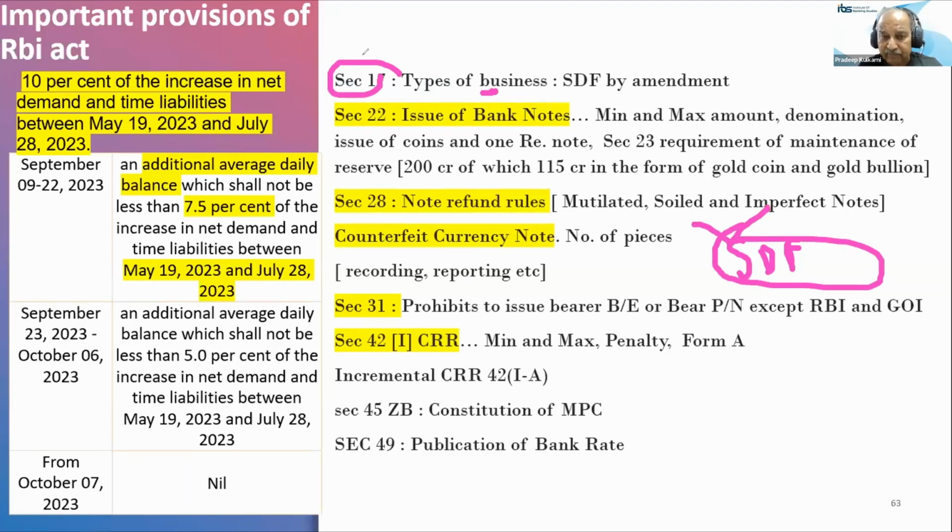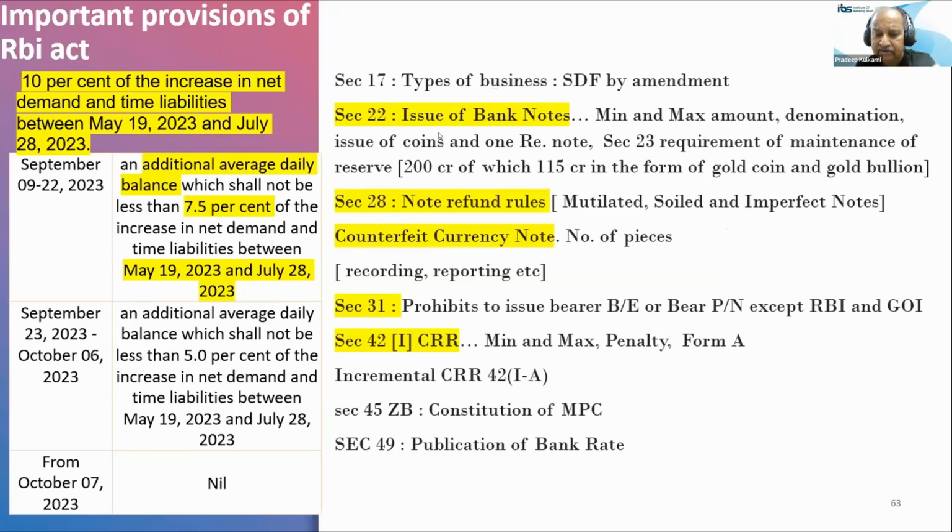To introduce SDF, Section 17 was modified, and under SDF, when a bank keeps money with RBI, RBI pays interest. In the policy rates, SDF gets the repo rate minus 0.25. That will be the SDF rate, isn't it? So now, are the balances kept with RBI under SDF part of CRR?